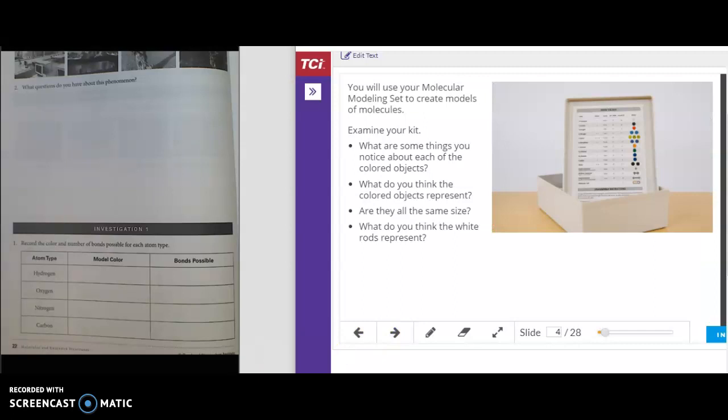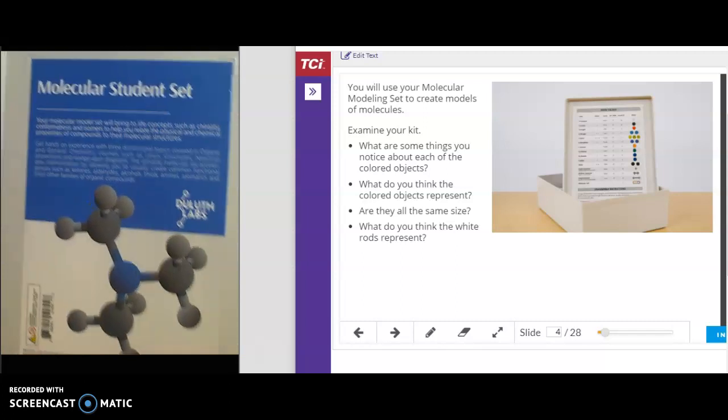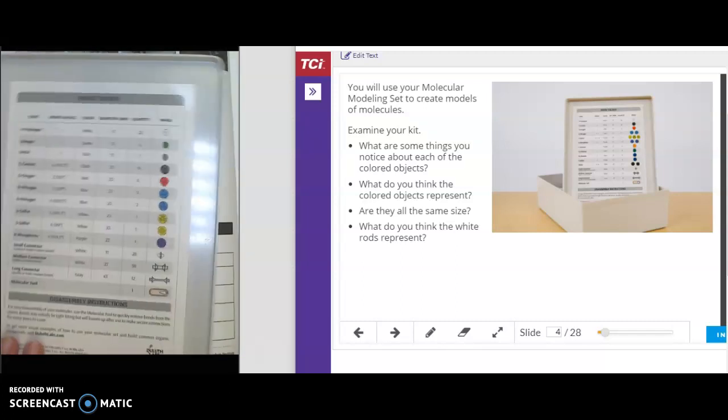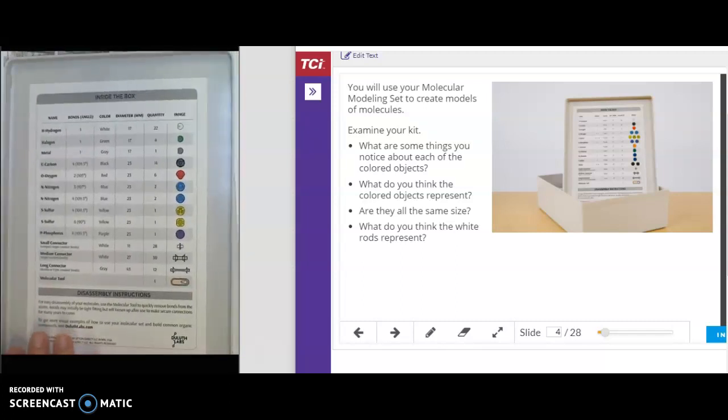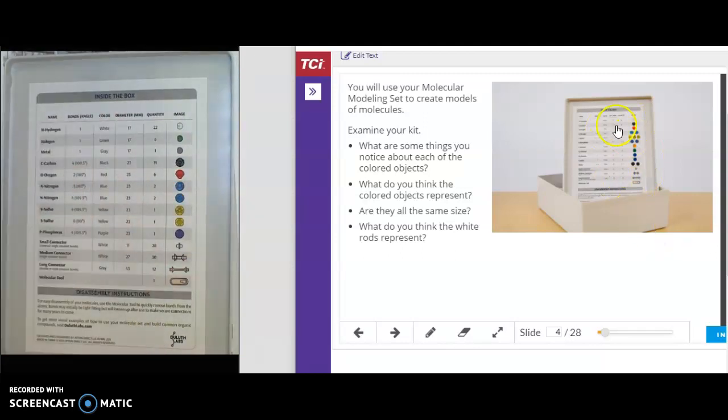We actually have a molecular modeling set that we're going to be using to create some models of different molecules. Okay, so here's what that looks like. And on the inside of the lid to this set, we have the key. You can kind of see the same picture over here on the right-hand side. We're going to take a minute to examine our kit. We're going to see the different types of objects that are in the kit, the different colors of the different objects, and see what those colors represent.